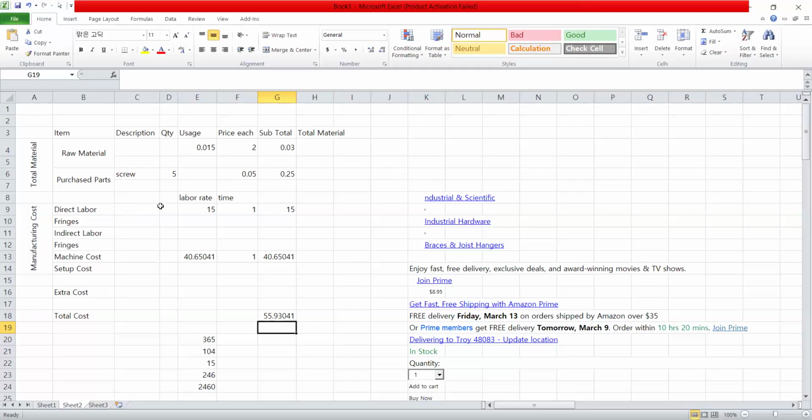Then direct labor is also available from finance. As an example, in the US right now, the direct labor cost can be anywhere from $13 in Michigan. Like, if you are in Karachi, or Lahore, it would be different.